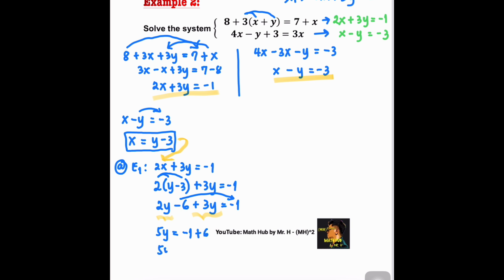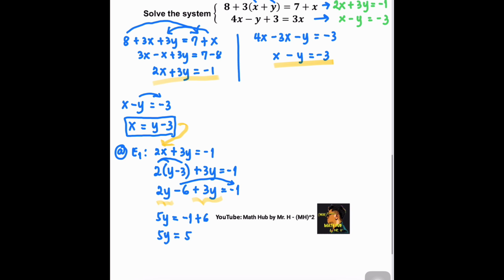So it will have 5y equals -1 plus 6 is +5. Then we divide both sides by 5. And it's going to give us 5 divided by 5 is 1. So 1y, or y equals 1. So we got our first answer.